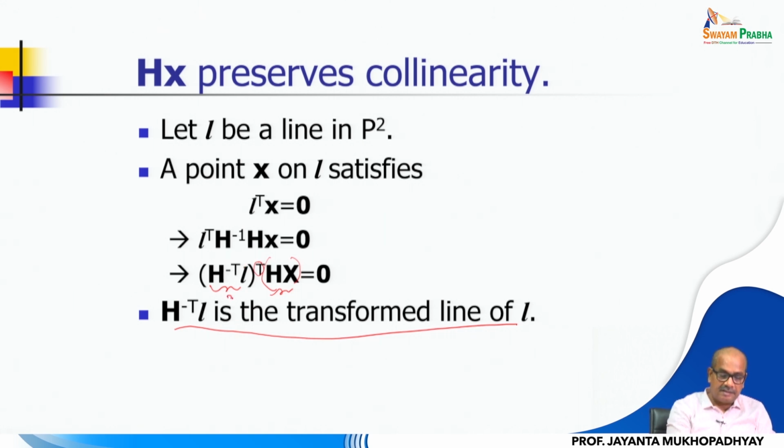In this case the total composition will be 3 cross 1, which is a line. So the transpose of H inverse into L is the transformed line of L.